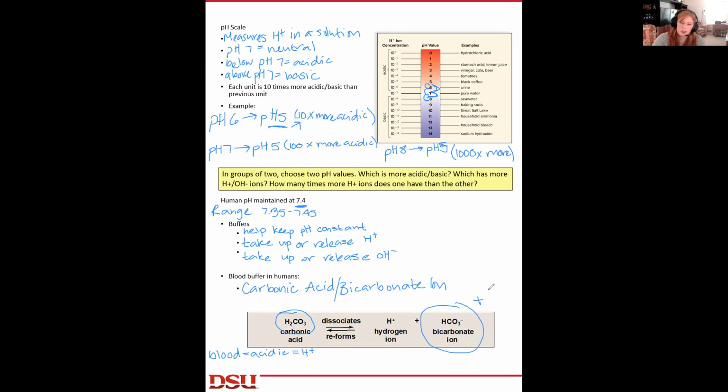So our bicarbonate ion plus our extra hydrogen ions hooks together and reforms carbonic acid, to bring that pH back to a neutral level, okay?